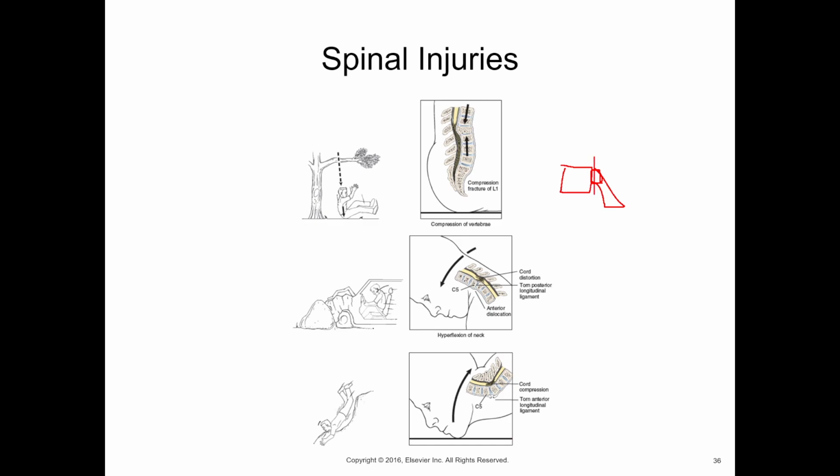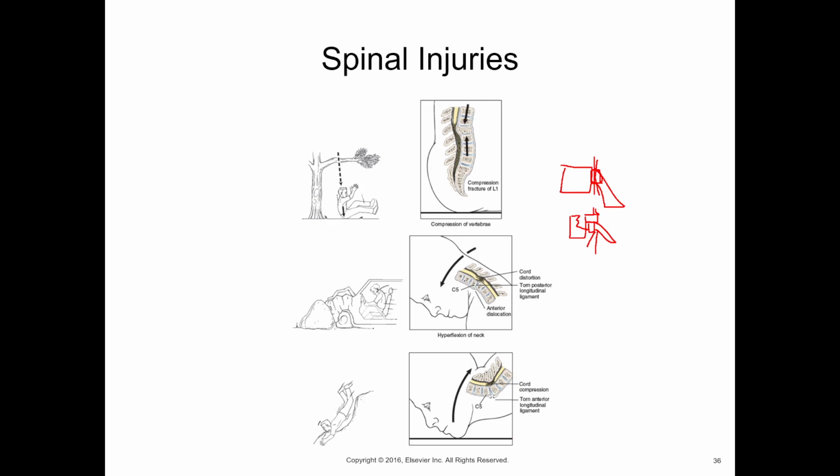So we have our spinal cord. If we fall and fracture our vertebrae, we can have a part of the vertebrae collapse and crush the spinal cord, right? Kind of drew it out there.